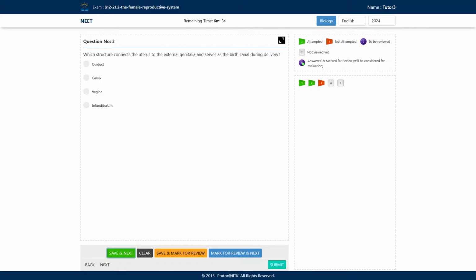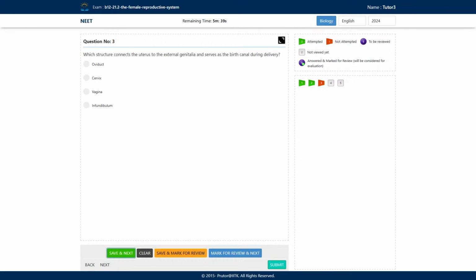This vulva includes mons pubis, labia majora, minora, hymen, and clitoris. So which is a structure which connects uterus to the external genitalia, and it is a part of the birth canal during the delivery. So the birth canal consists of the vagina as well as the cervical canal.